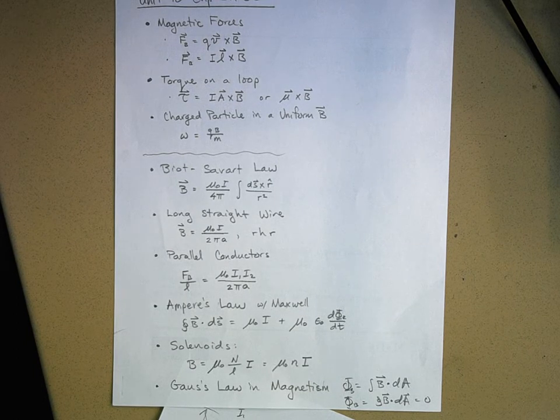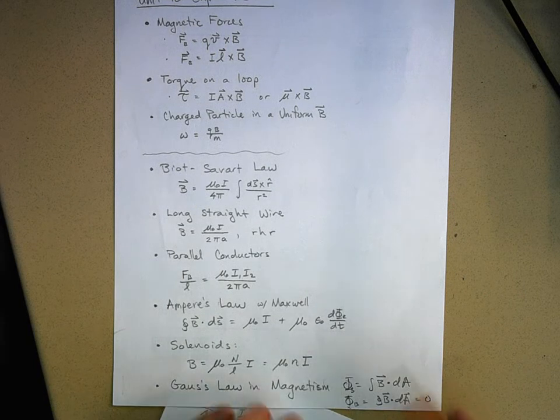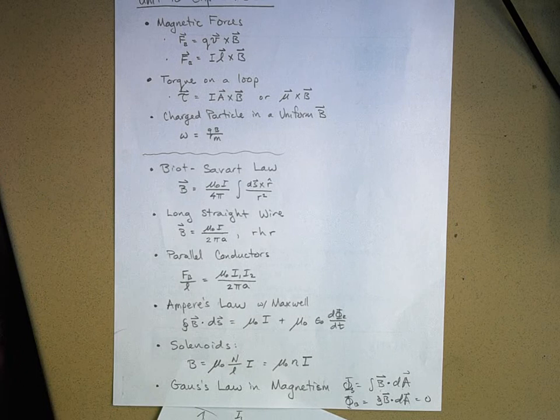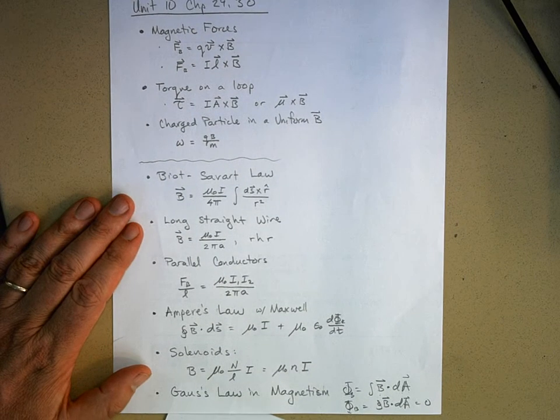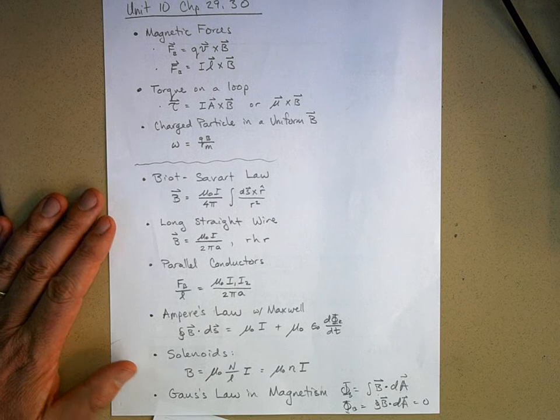Magnetic flux is measured in Webers, and a Weber is the same thing as a Tesla meter squared. I got that from the equation here. So there you go. That is all.